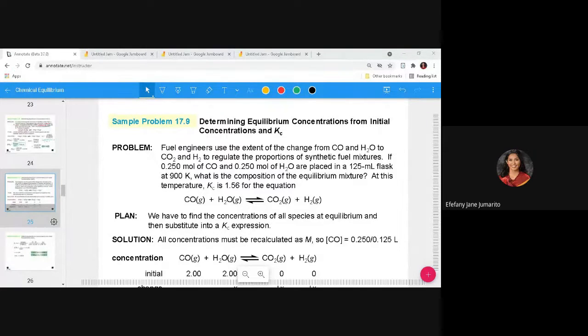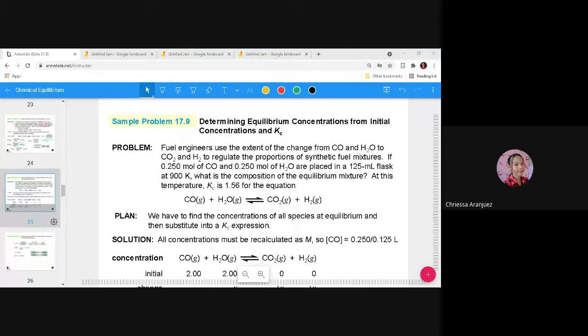Oh, that is carbon monoxide, not CO2. Fuel engineers use the extent of the change from carbon monoxide and water to carbon dioxide and hydrogen to regulate the proportions of synthetic fuel mixtures.